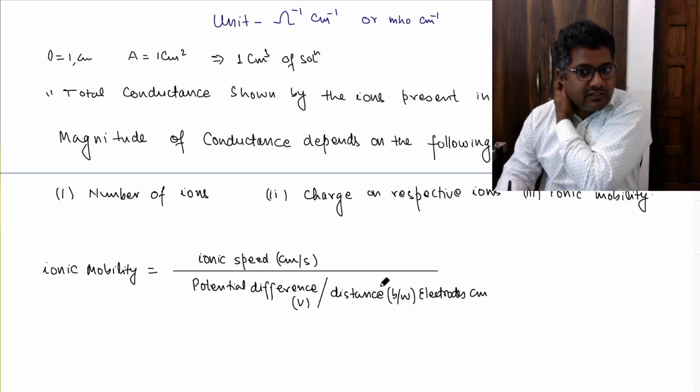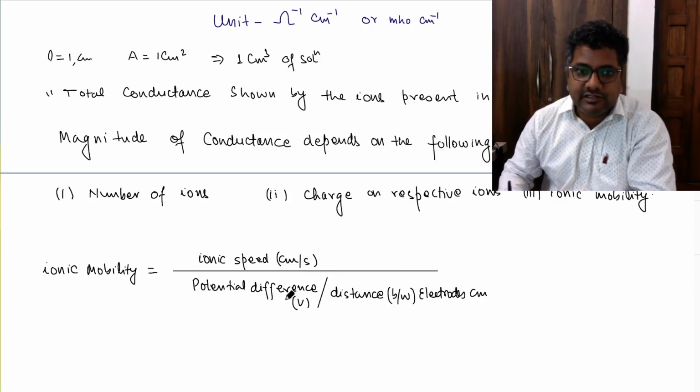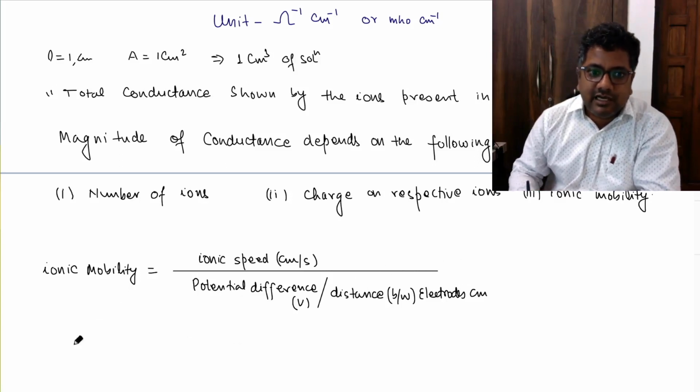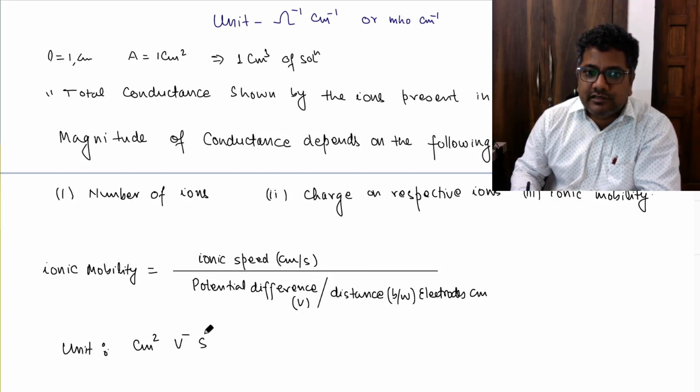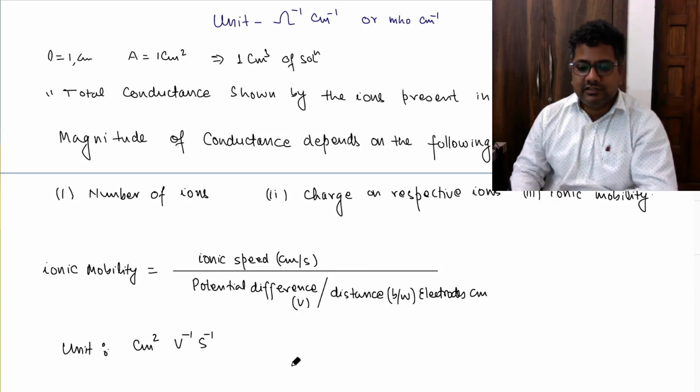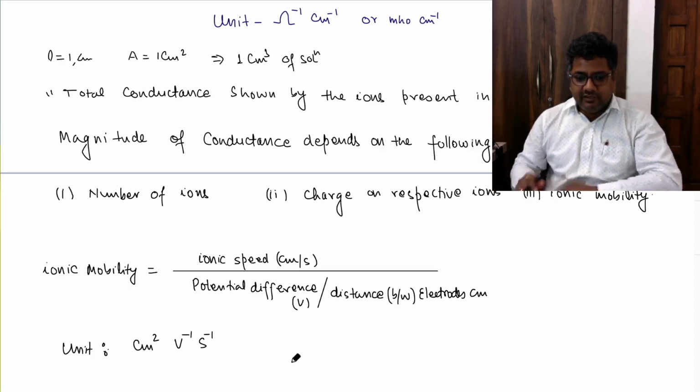So what do we get as the unit of this ionic mobility? Centimeter square per volt per second.